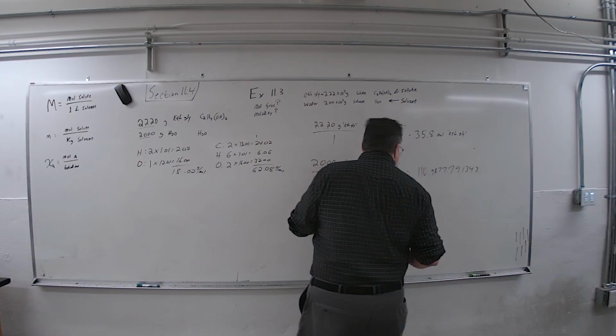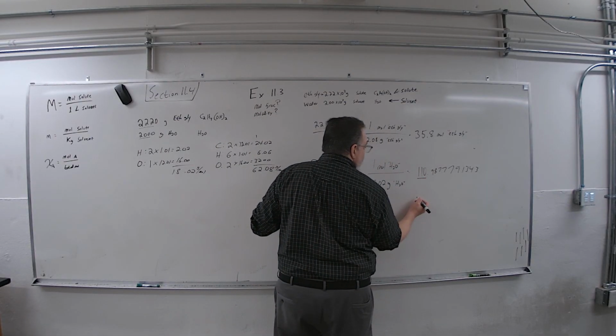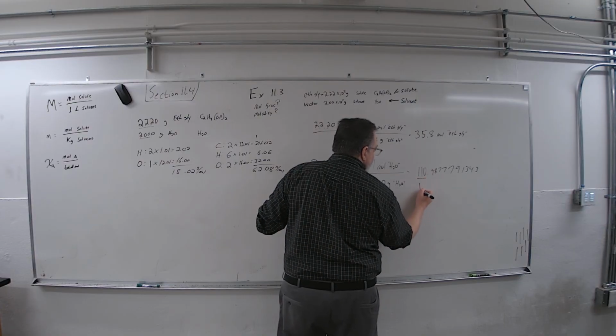That's what my calculator says. If I'm keeping 3 significant figures, I'm keeping these 3. The 9 rounds to 0, so really what I've got is 111.